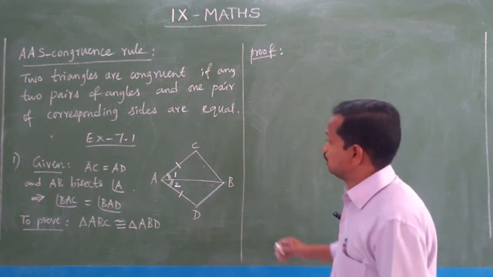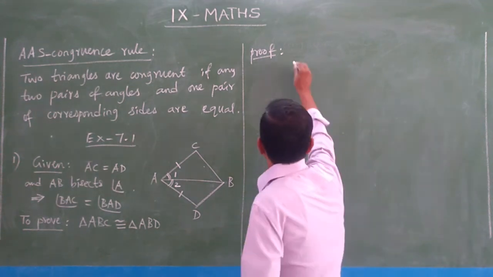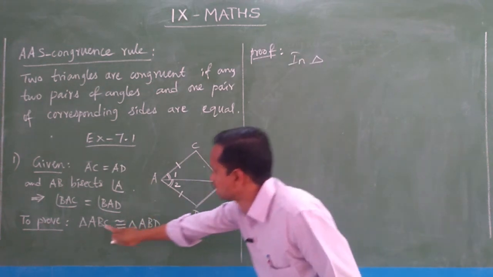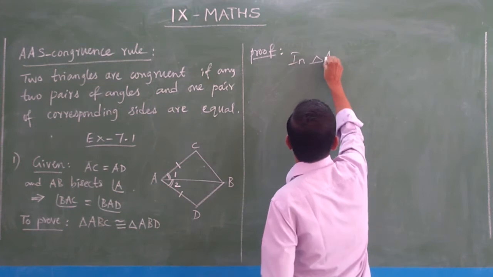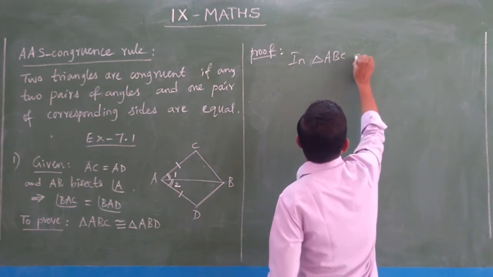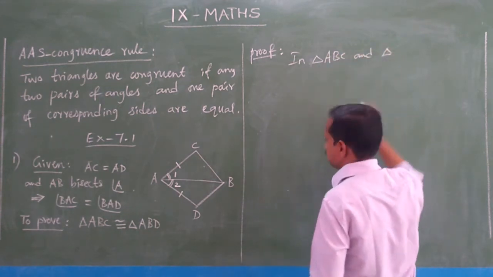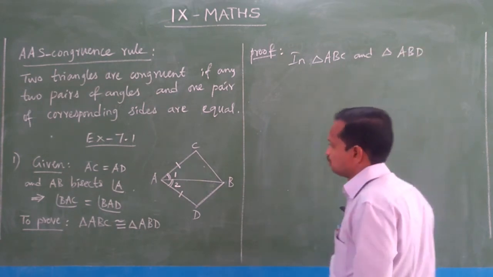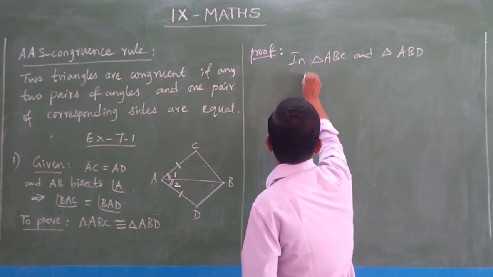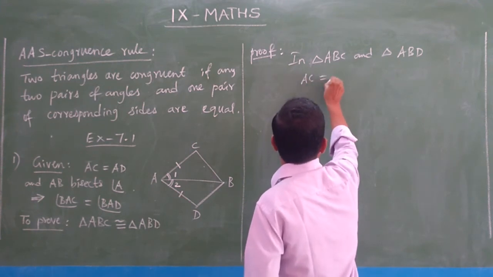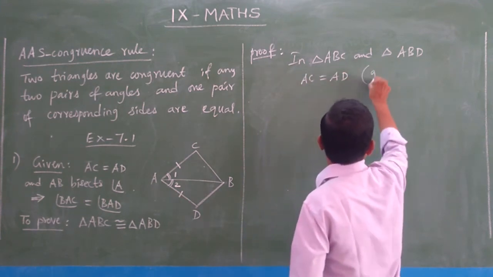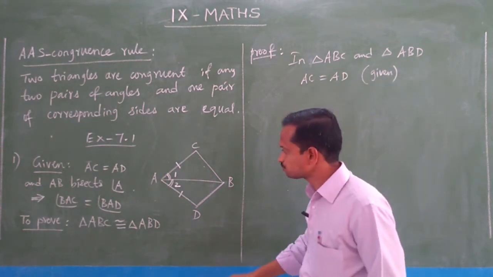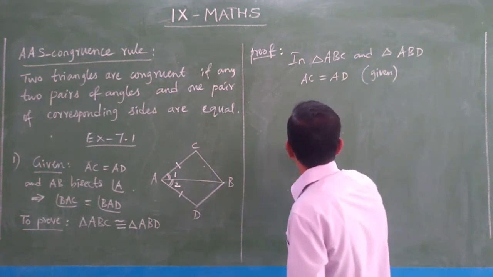Okay. So you look here in triangle ABC. So this is what is given here, first one, triangle ABC and triangle ABD. AC equal to AD. Given in the question, so you have to write the reason: given. And then, you see, angle 1 equal to angle 2.